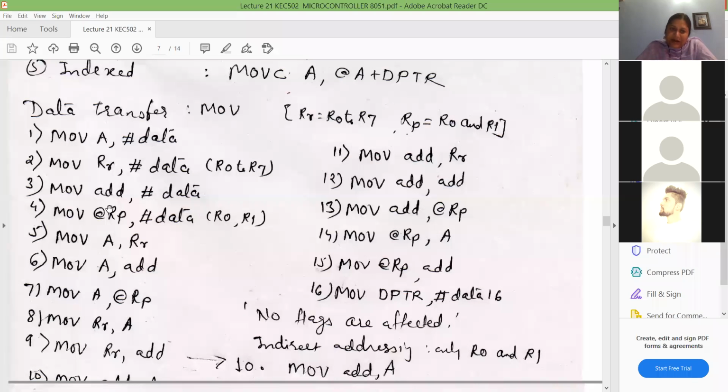But this is @R0. @R0 means whatever is in R0, to that particular memory location this data will go. That means, suppose your R0 is containing 30 hex, then it will not go to R0, it will go to the 30 hex memory location. This immediate data will go to the 30 hex memory location. If I write MOV R0, comma, data, then the data is going to the R0 register. But if I write @R0, then the data will go to the memory location which is available in R0. Understood?